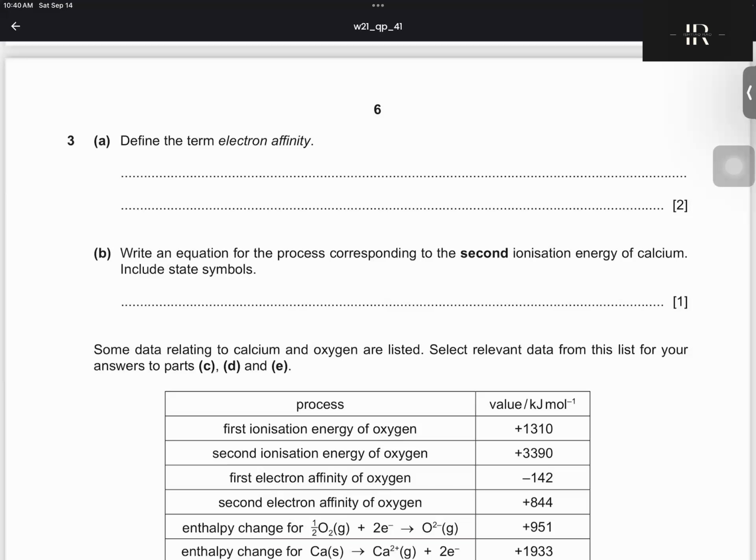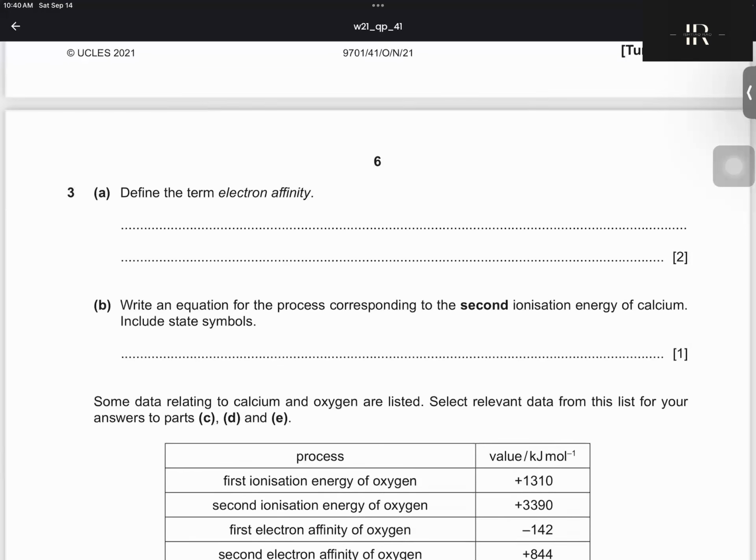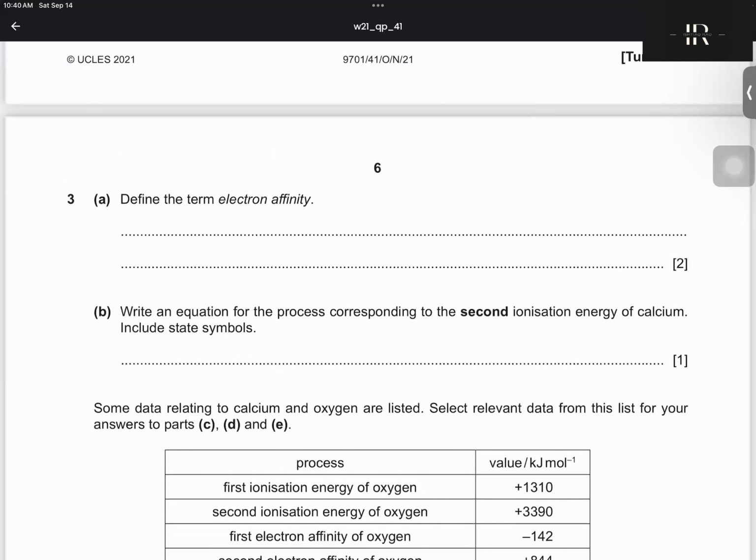Element can gain electron. Okay. Energy released or absorbed? This is the main thing, that energy released or absorbed.